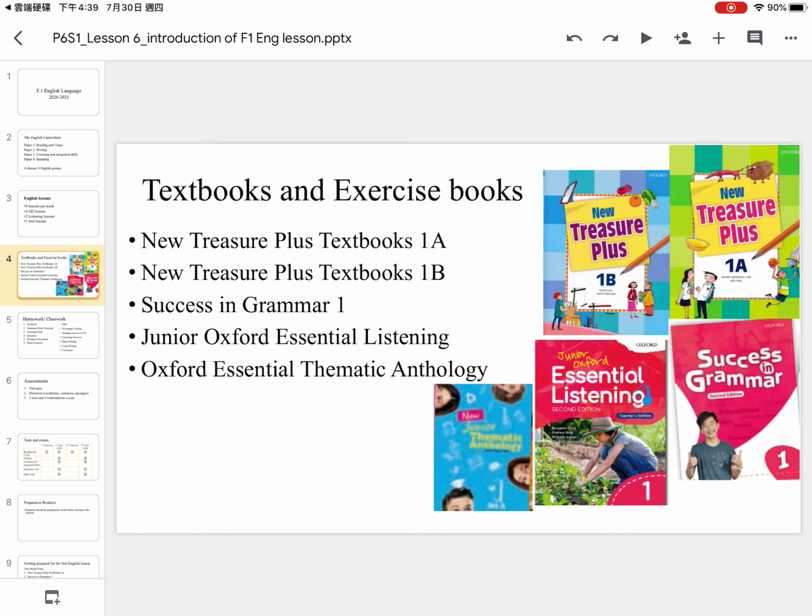We call that the thematic anthology. But if you haven't bought textbook 1B, it doesn't matter. We will need textbook 1A first in the first term. After the first term, which means the second term, we need textbook 1B. But I would suggest that you buy all these textbooks at the beginning of the term.